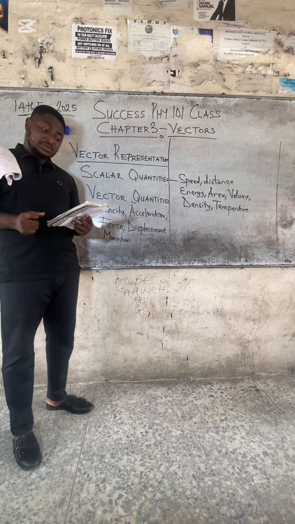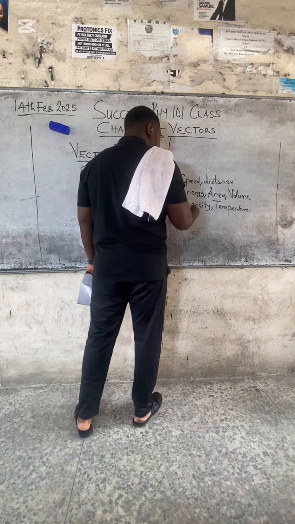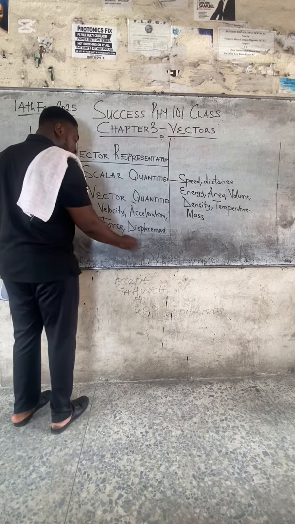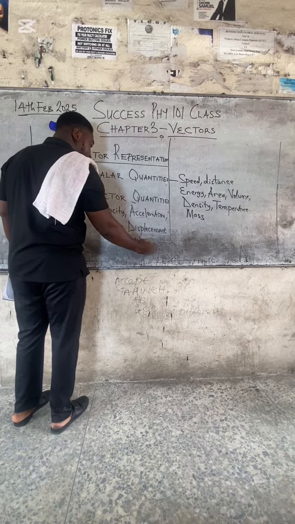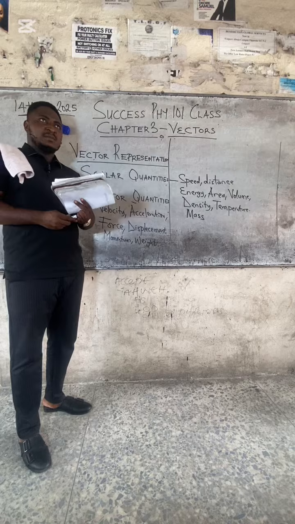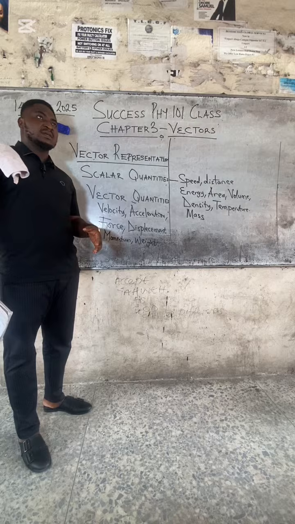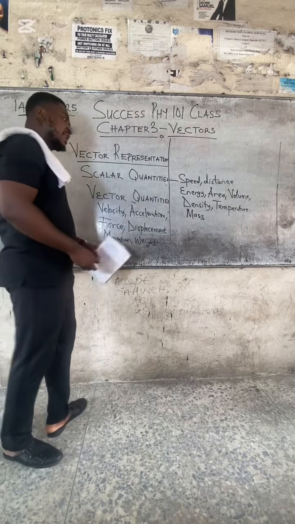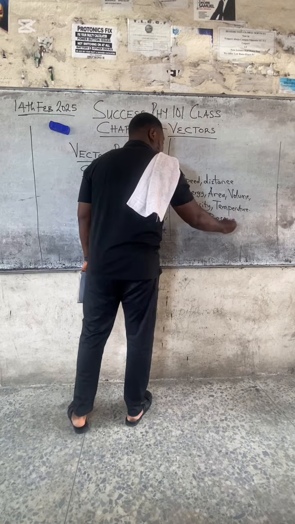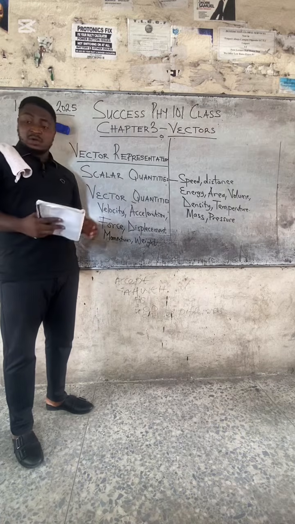Mass is a scalar quantity, but weight is a vector quantity, because weight is the force of gravity acting on an object, so it's specific. Class, pressure is a scalar quantity. Pressure can be applied anywhere. So pressure is a scalar quantity.